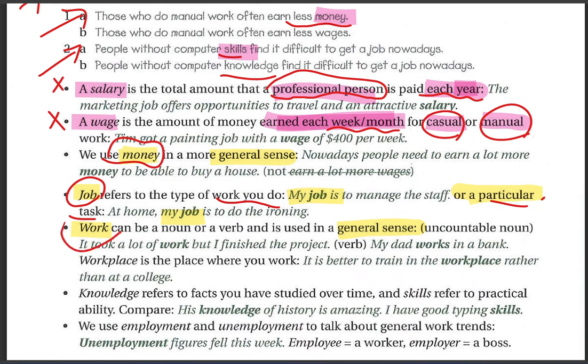So work is like money, yes, used in general terms. And work is uncountable, it's a noun. So look at the examples. It took a lot of work, but I finished the project. It took a lot of work. A lot of works is not correct because work here is uncountable.